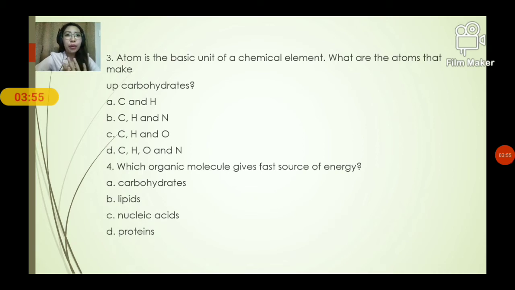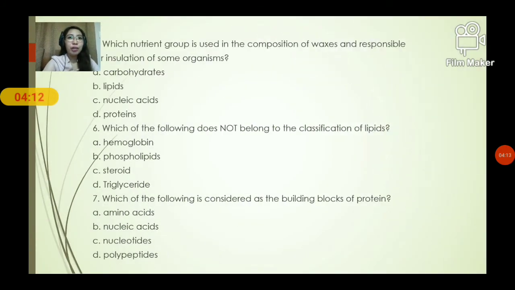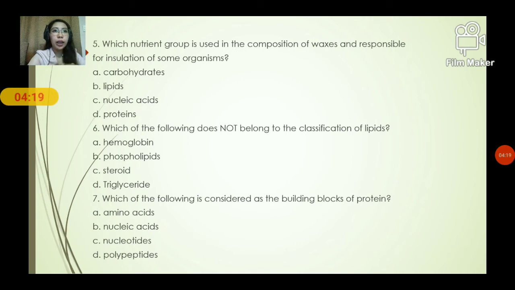Okay, question number 4. Which organic molecule gives a fast source of energy? A, the carbohydrates, B, the lipids, C, the nucleic acids, or D, the proteins? Okay, so for question number 5, which nutrient group is used in the composition of waxes and responsible for insulation of some organisms?